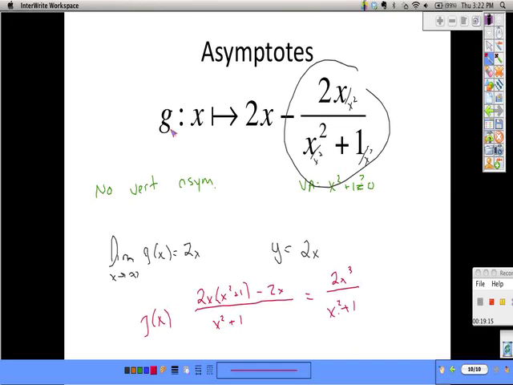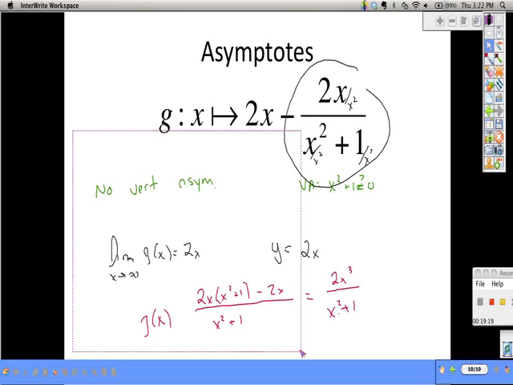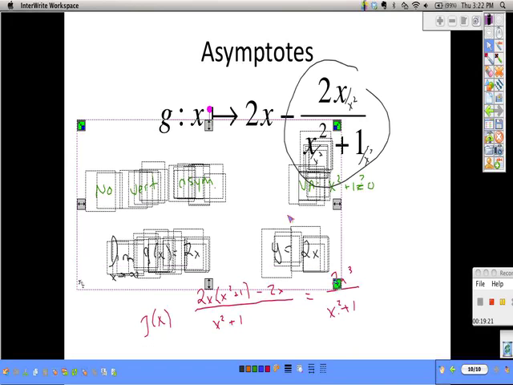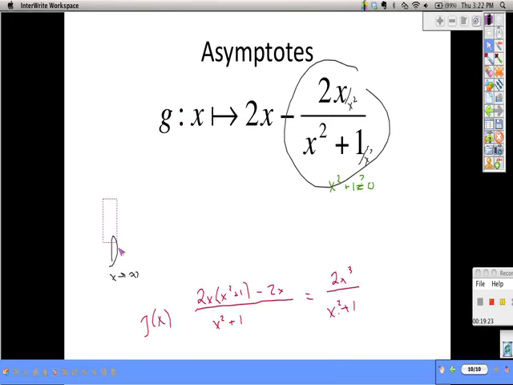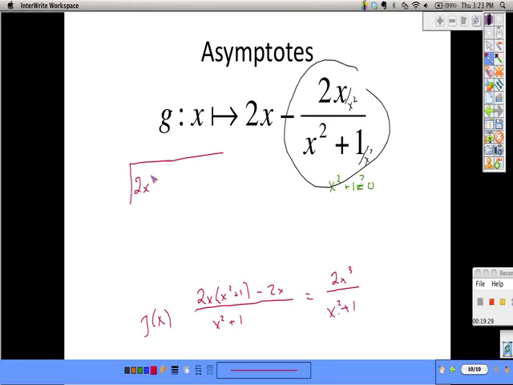Another way to get this asymptote is to do long division. So 2x cubed on the inside and then x squared plus 0x plus 1 on the outside. And now we go through this long division process.